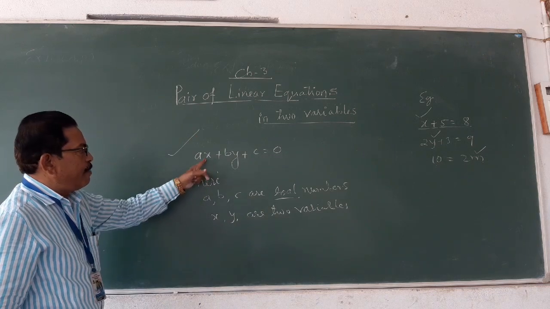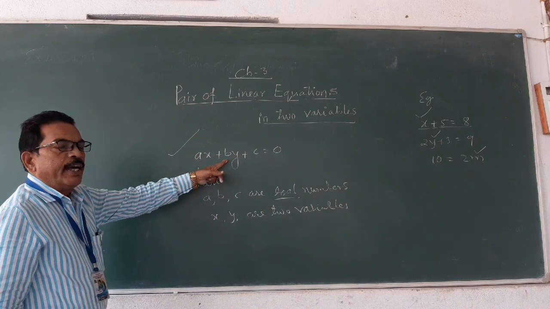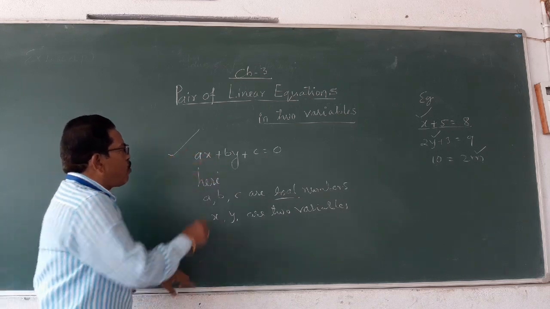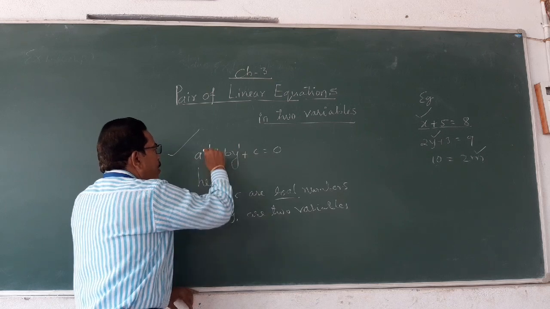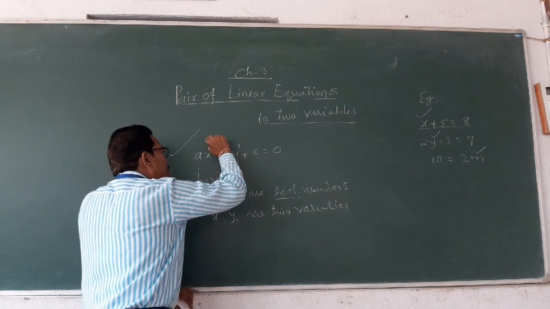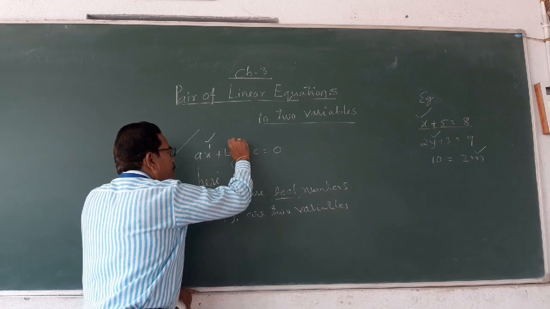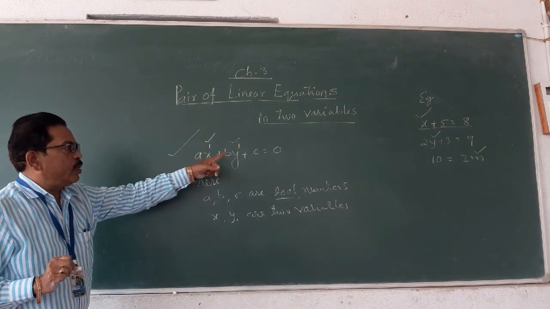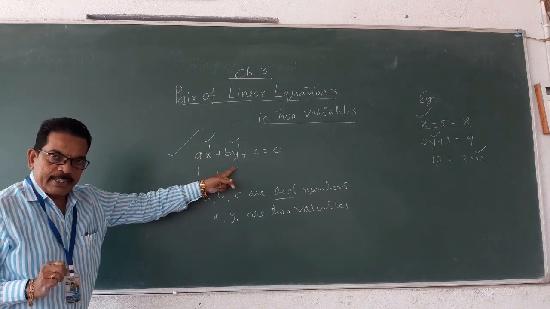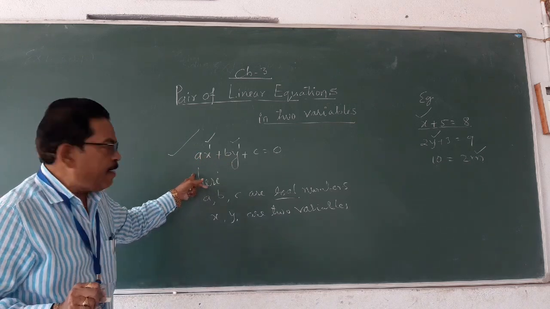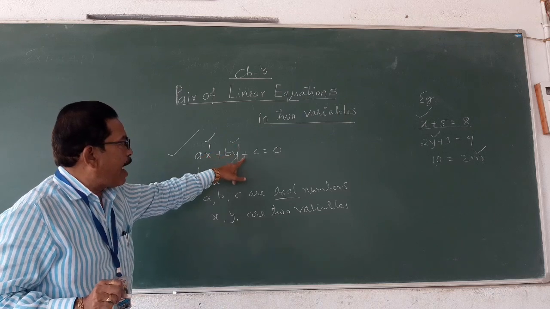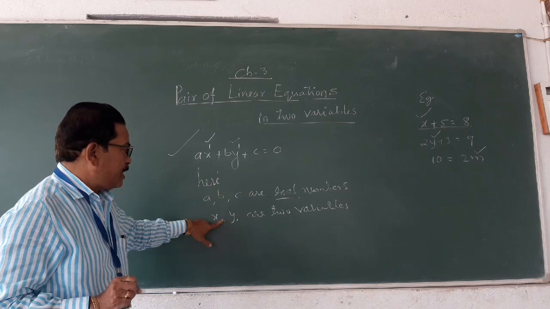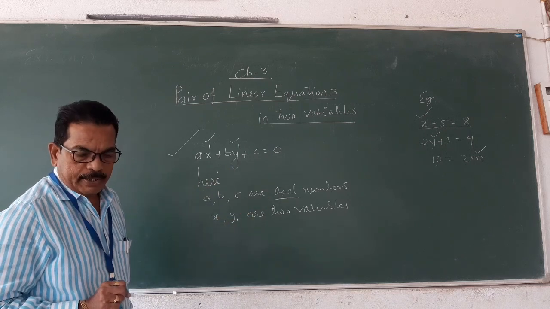Every variable exists in the form of x raised to 1, y raised to 1, which means the degree of the variable x is 1 and the degree of the variable y is 1. So a linear equation in two variables is an equation of the type ax plus by plus c equals to 0.